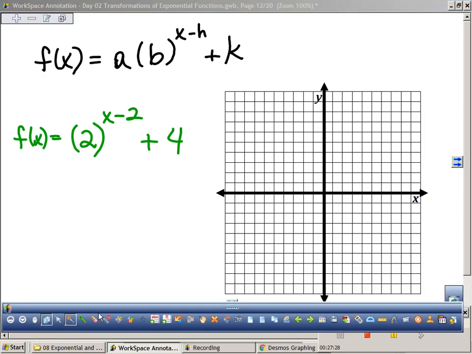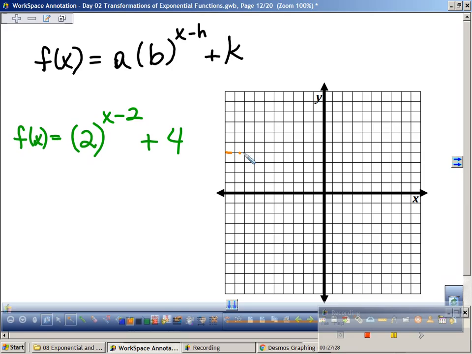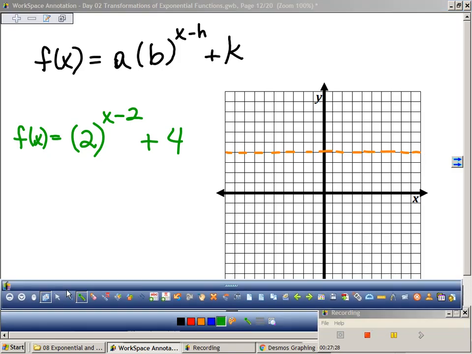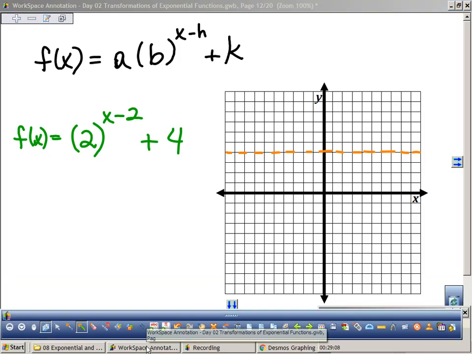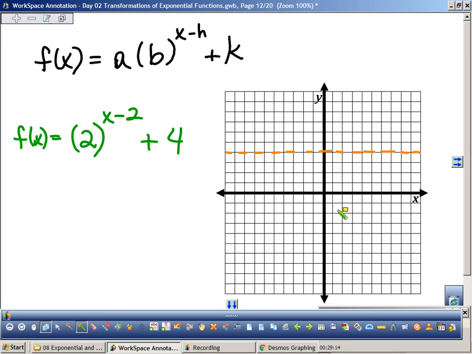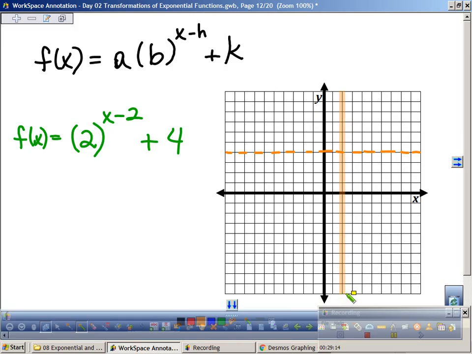What does the 4 do? Moves it up 4. 1, 2, 3, 4. It doesn't move my graph, it moves my asymptote. Then what does this -2 do? It shifts it over. It's just like we've been doing forever. And this is what I'm talking about with my reference axis.